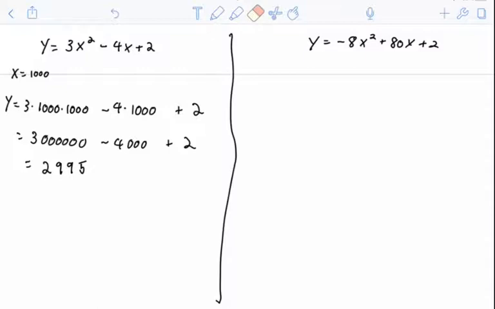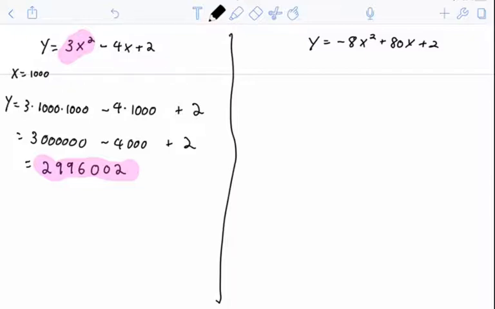Nope. 300,004,002. Okay. If I compare this value to just this value on its own, $300,004,002 divided by 3 million.